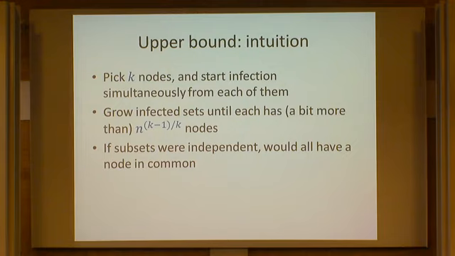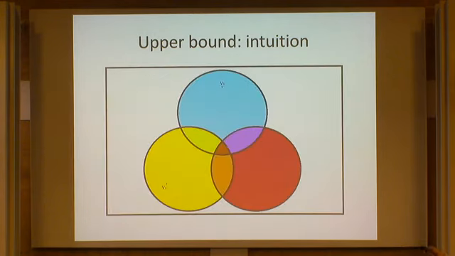The slight difficulty is that these sets are not quite independent. If you were independently picking subsets of this size from the vertex set, then you're done by the birthday paradox. The independence breaks down because as you are growing these sets, they might meet. Before all k have met, 2 of them have met, and already you have dependence. So we have to mess around a bit to get around that.